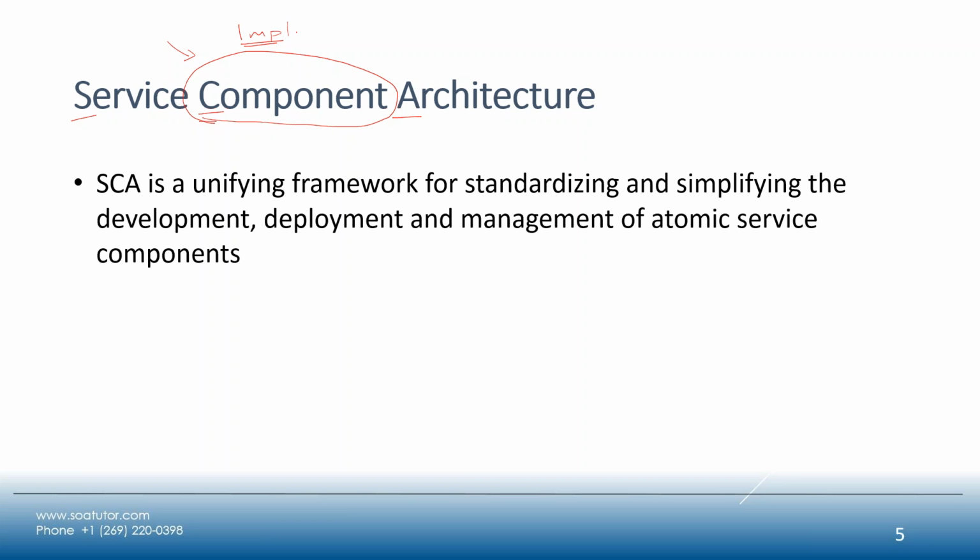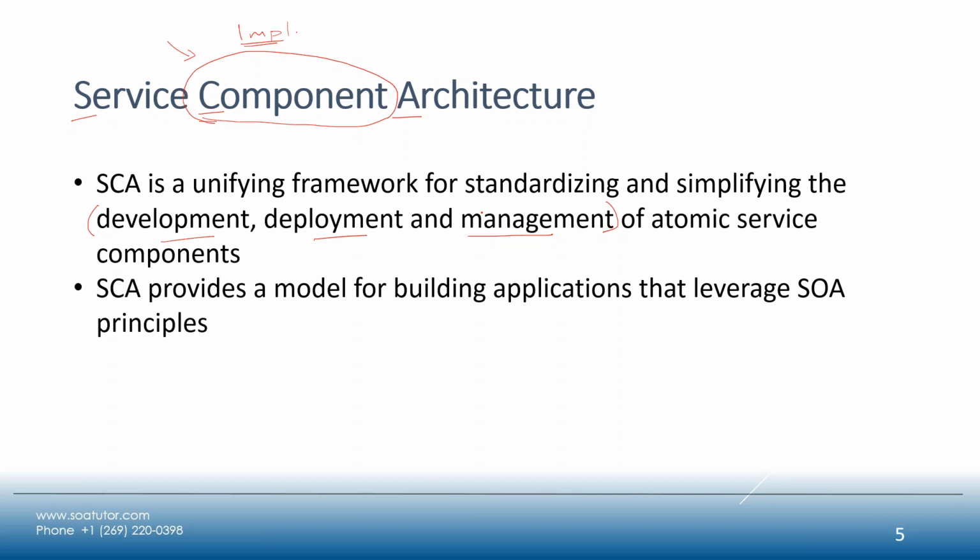SCA is nothing but a unifying framework for standardizing and simplifying the development, deployment and management of atomic service components which are following SOA. So SCA basically helps you in doing the stuff. SOA just tells you, SCA does the stuff. SCA provides a model for building applications that leverage SOA principles. SCA is an implementation specific thing, right?